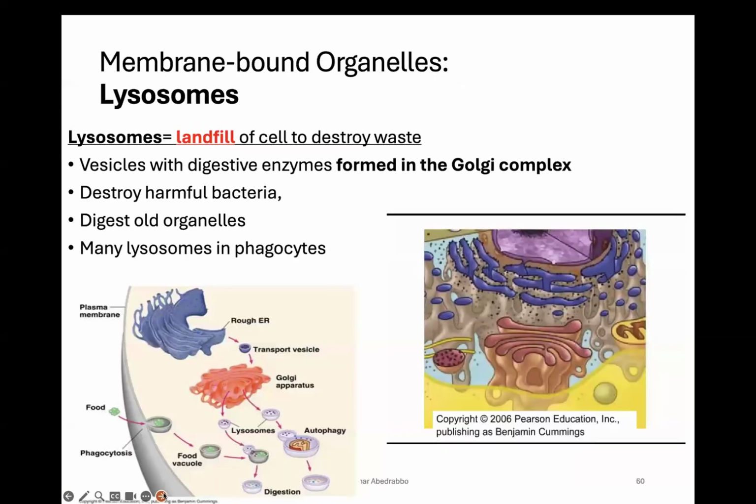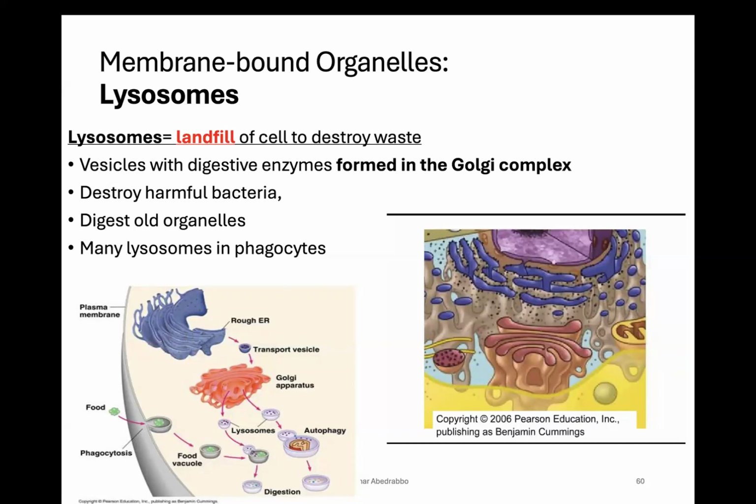Lysosomes. We say that they're the recycling center or the trash can of cells. So these are membrane bound vesicles that have enzymes that can break down waste materials like old organelles or various debris in the cell. So in immune cells like phagocytes, there are lysosomes that help break down pathogens by eating them up. So lysosomes are these important vesicles that have digestive enzymes and they destroy harmful bacteria, they destroy old organelles.